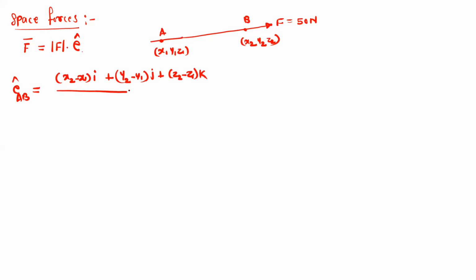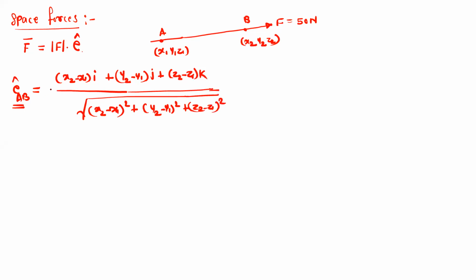If you divide this position vector by its magnitude, this will become the unit vector AB. The magnitude is square root of x2 minus x1 square plus y2 minus y1 square plus z2 minus z1 square. So this is the complete unit vector AB. And if you multiply this unit vector by mod F, you will get the complete vector F bar.